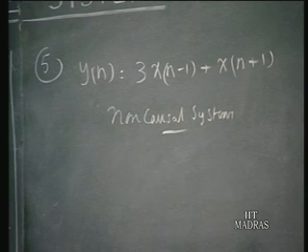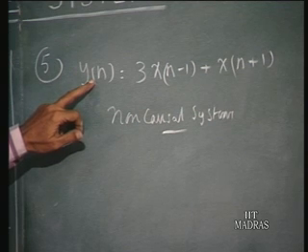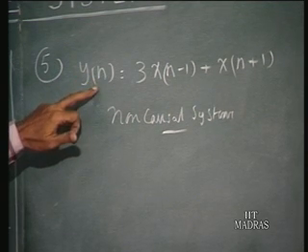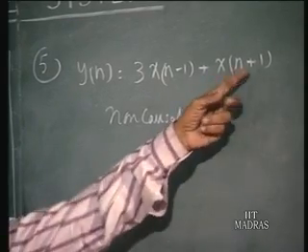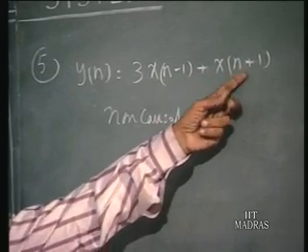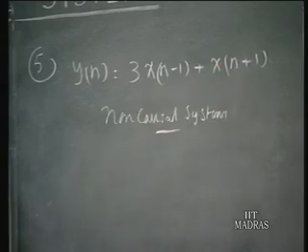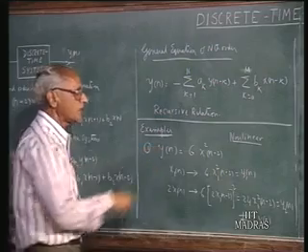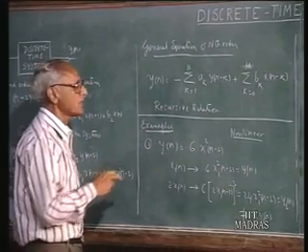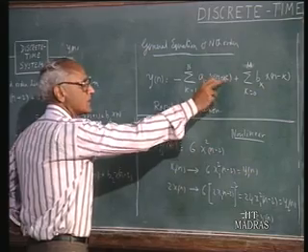So how do we recognize a non-causal system? The highest index associated with the dependent variable should not be exceeded by the argument of the independent variable. Like you see here in the recursive relation, the highest argument as far as the dependent variable is concerned is n, because all the others are n minus 1, n minus 2.